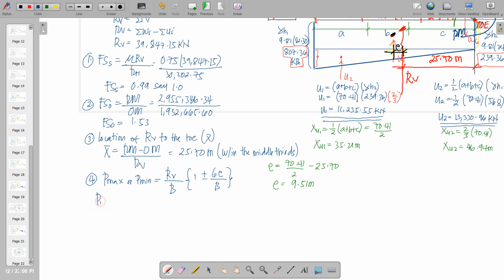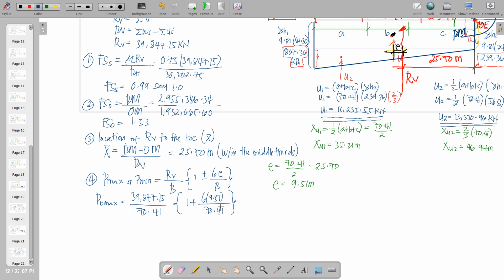The maximum base pressure is equal to our RV, 39,847.15, divided by the base, the sum of ABC, multiplied by 1 plus 6 times 9.51 all over 70.41.